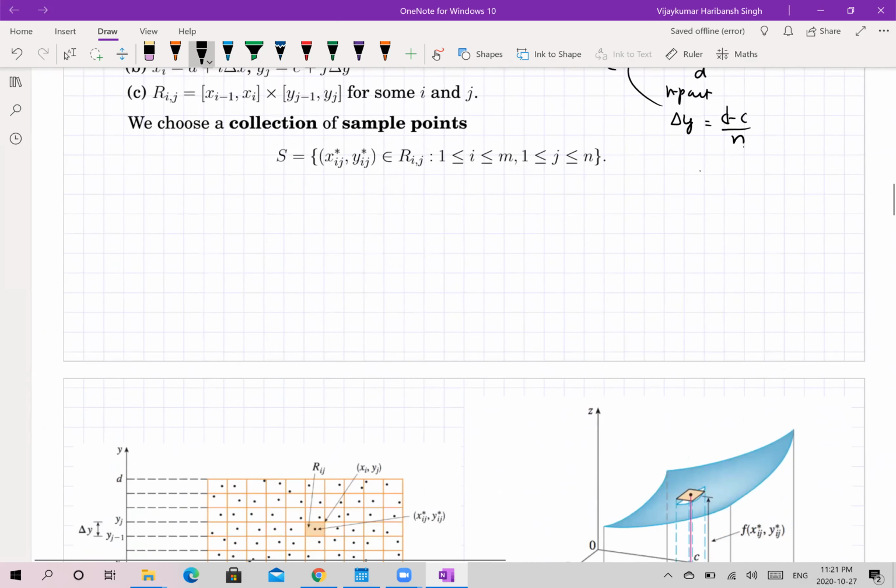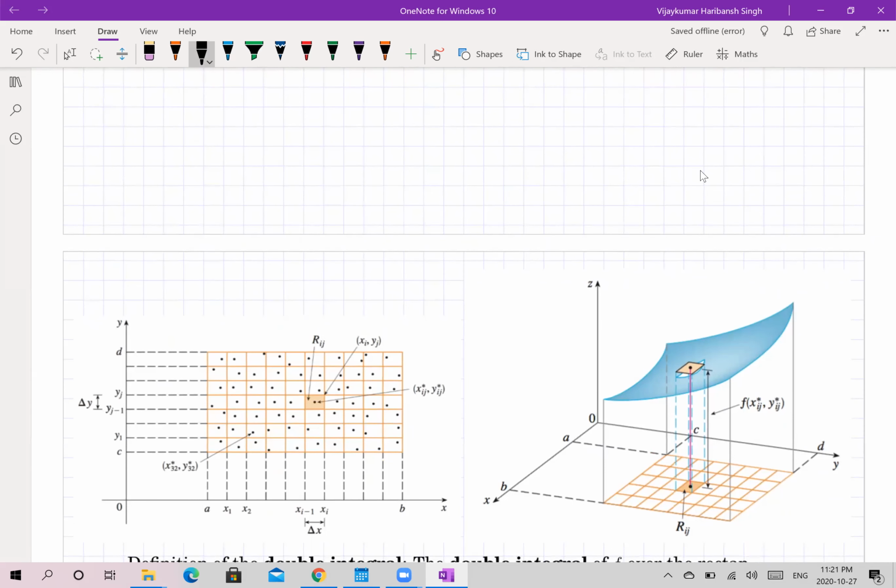If you look at the diagram, this is what is happening. We divide a to b into m parts, and we divide c to d into n parts, and this gives rise to sub-rectangles here. Now in each rectangle I'm choosing a point at random.